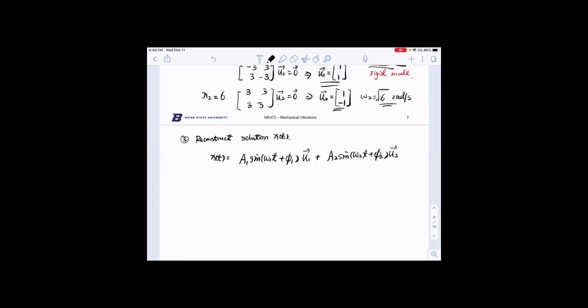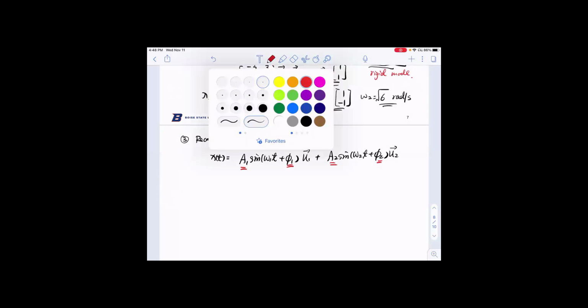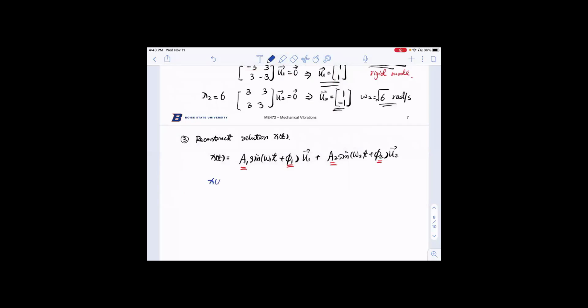All right, then you just need to find all the underlying constants. You have 4 unknowns and 4 initial conditions, so you can find these constants. The other way to do it is to use Euler's expression: a e^(j omega 1 t) plus b e^(minus j omega 1 t), times U1, plus c e^(j omega 2 t) plus d e^(minus j omega 2 t), times U2.